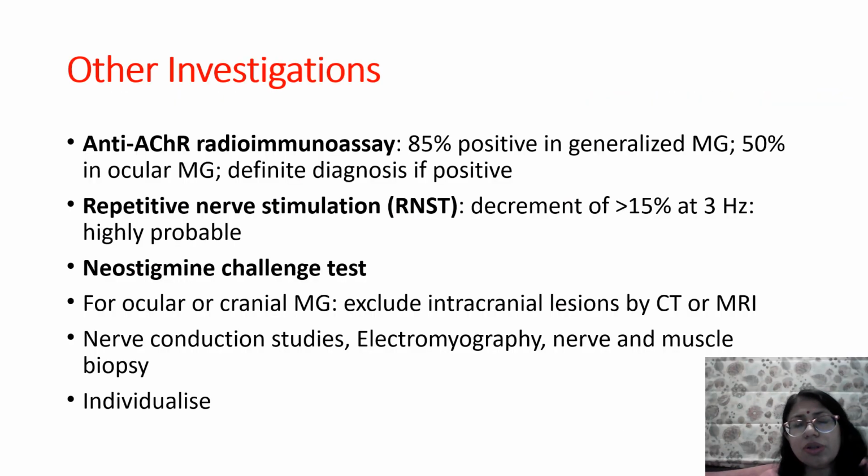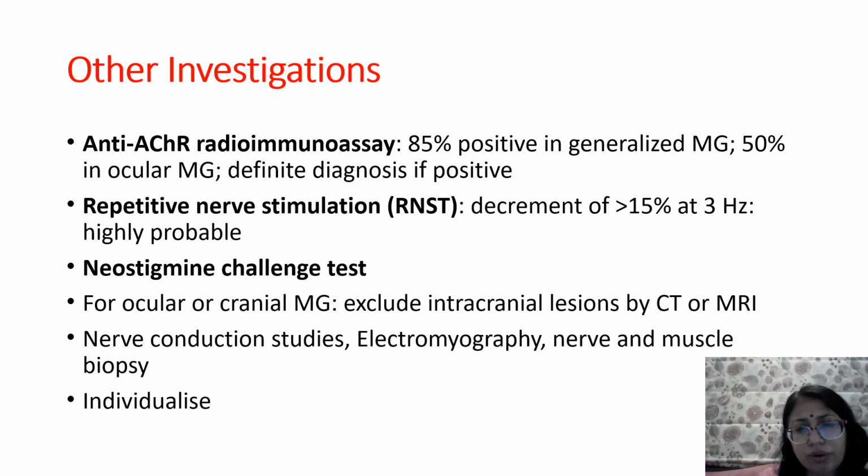Based on the possible diagnosis, we might need to do some blood investigations like anti-acetylcholine receptor binding antibodies by radioimmunoassay, which are positive in 85% of cases of generalized myasthenia and 50% in ocular. In addition to nerve conduction and EMG, repetitive nerve stimulation may be helpful in suspected myasthenia, and the Neostigmine challenge test is also helpful.